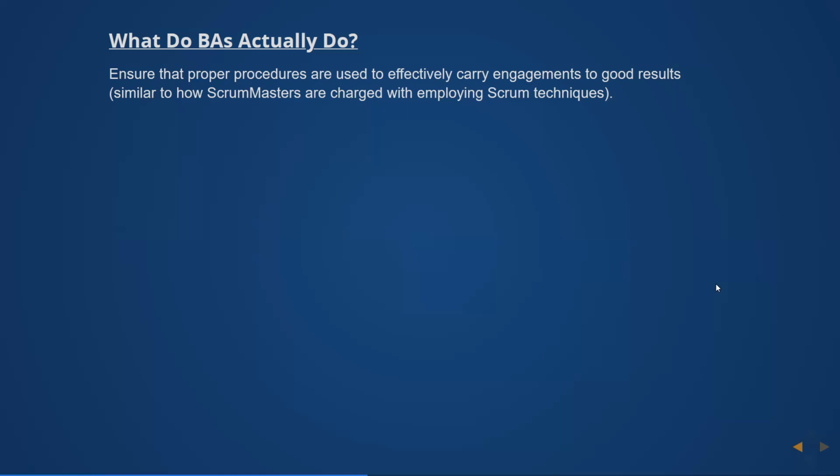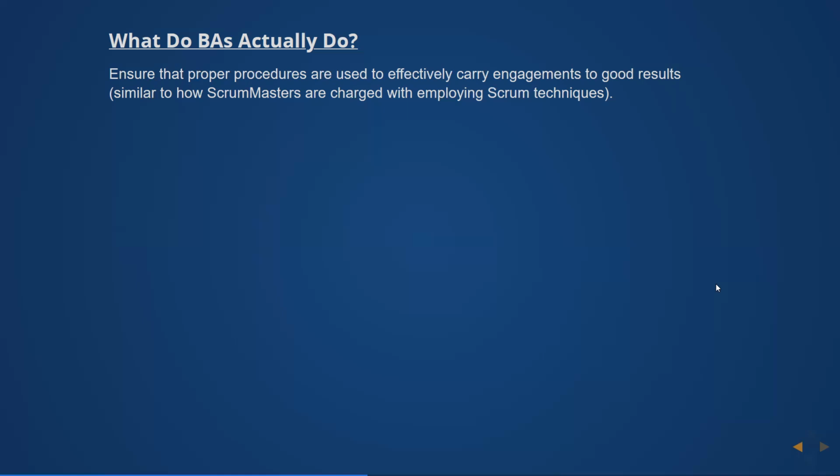So the way the BABOK is broken down, there are some other contextual things, but the two major parts of it are the knowledge areas, which is the 6 practice areas that walk you through how to identify, break down, manage requirements, and identify and evaluate solutions.